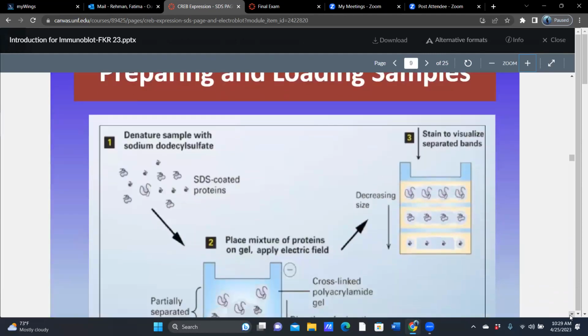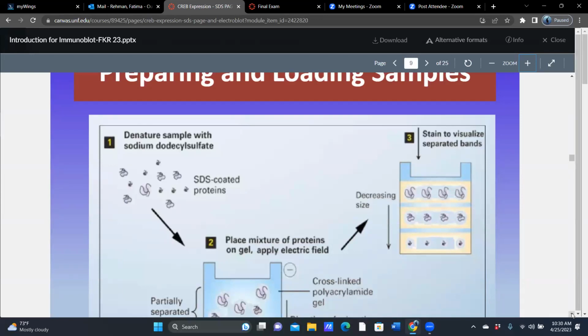When you're preparing and loading the samples, you have to make sure of 3 different things in the preparation process to make sure that they resolve the best. One is to make sure, obviously, that you have good quality protein extract, but once you have equalized the proteins, right, have equal amount of your total protein in each one of your samples, you want to add SDS to coat the proteins in this negative charge and help to denature them.